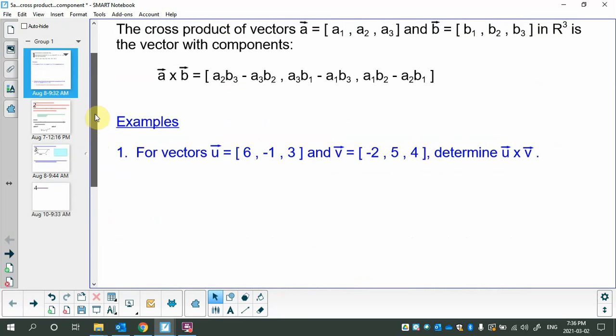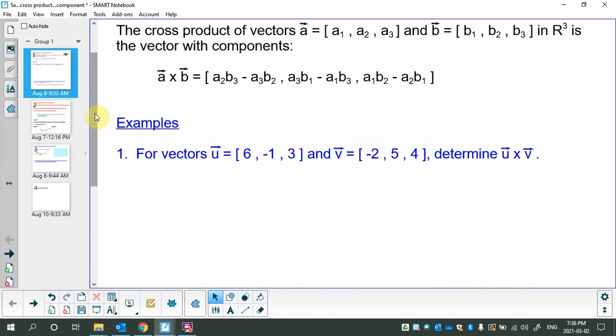And I'm going to leave this there so we can see which component is A1, which component is A2, which component is A3, and the same with the B's. But A cross B is taking the second A and multiplying it by the third B, and then minusing the third A times the second B, and then going on to create a second component and a third component.